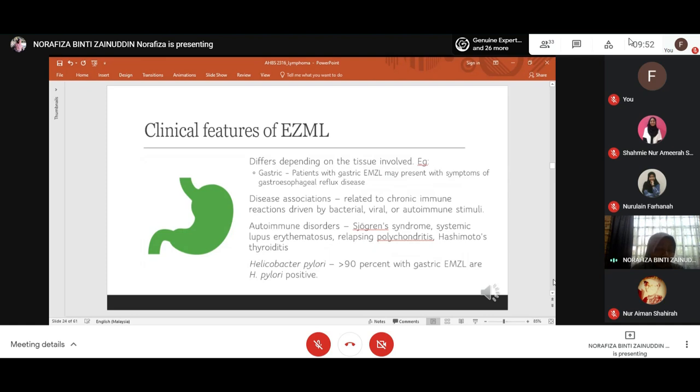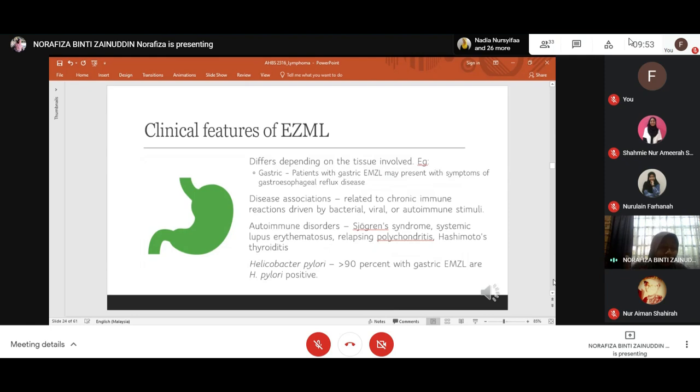Skin EMZL, patients with primary cutaneous marginal zone lymphoma, they have red papules, plaques, nodules, usually at the trunk or upper extremities. Those with lung EMZL can be asymptomatic, but they have lung nodules and or airspace consolidation on imaging.